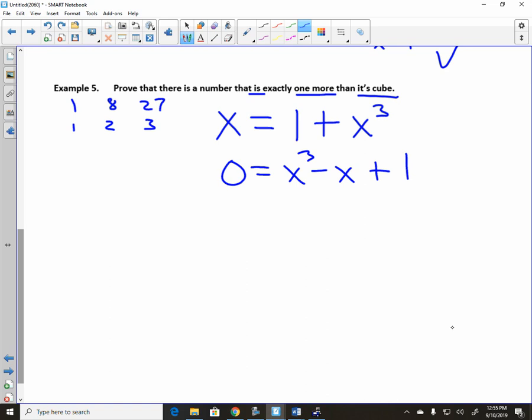Or in other words, if I could show that this function has a 0, I've shown it. Can somebody give me a number that I could plug in and come up with a positive? 0. F of 0 is 1.